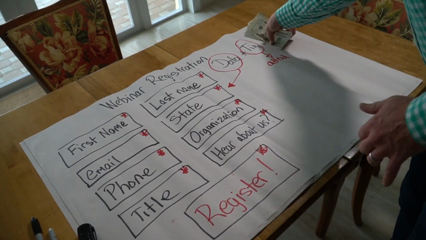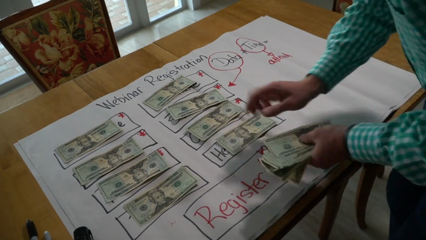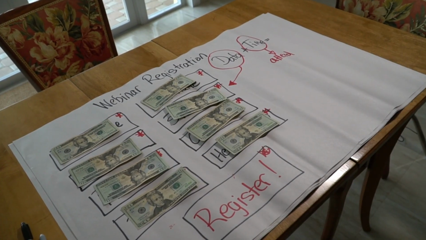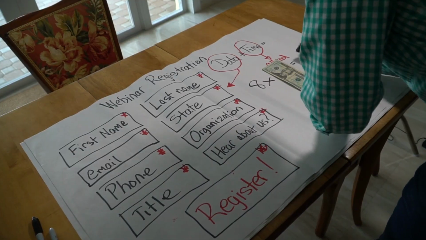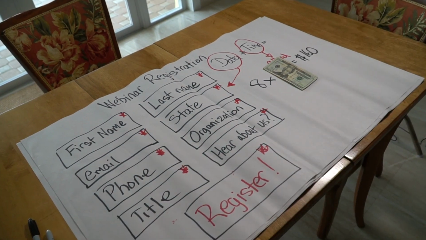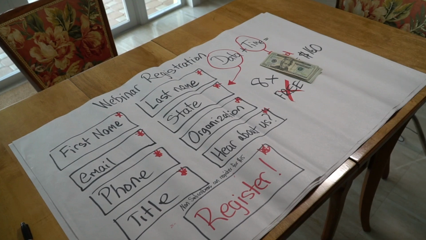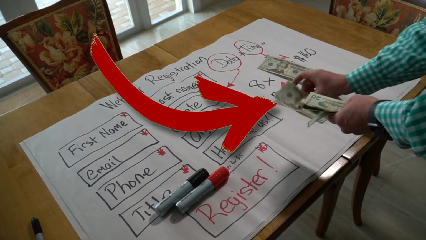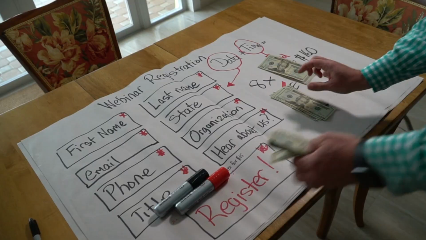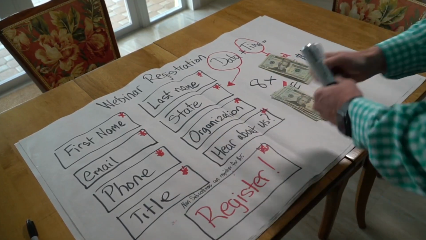Here's tip number 1. Let's imagine that each piece of data they're requiring me to enter is worth 20 bucks. That form right there is a $160 transaction. This is not a free webinar. In fact, let's say I get paid $100 an hour, which means the hour I'm trading to attend the webinar is going to cost me an additional $100.